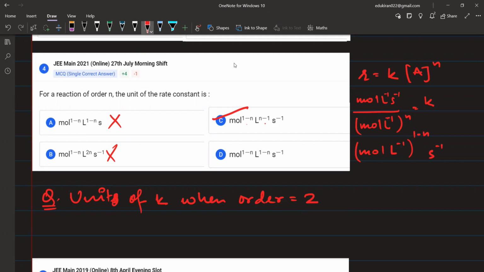So mole inverse, liter second inverse. No. Try again, Marita. Tell me what will be the power of mole, what will be the power of liters, and what will be the power of second.